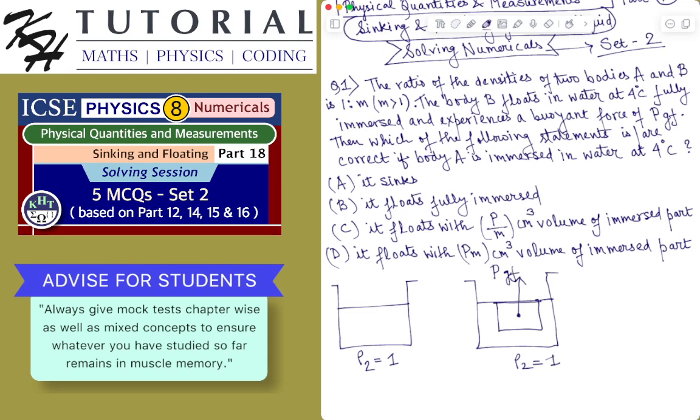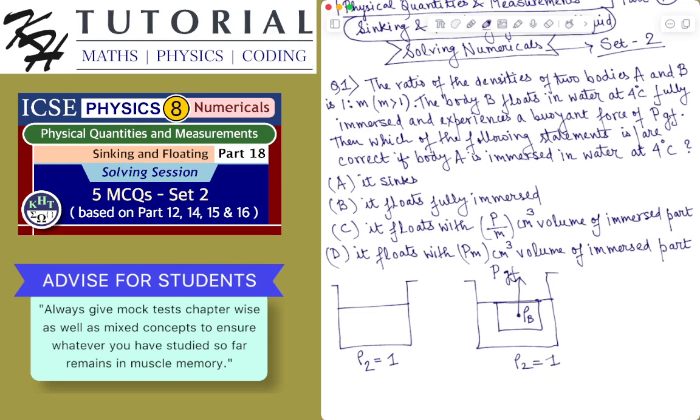Let's say the density of the body B be rho B. Now it is asking which of the following statements is correct if body A is immersed in water at 4 degrees centigrade: it sinks, it floats fully immersed, it floats with P by M centimeter cube volume of immersed part, it floats with P into M centimeter cube volume of immersed part.